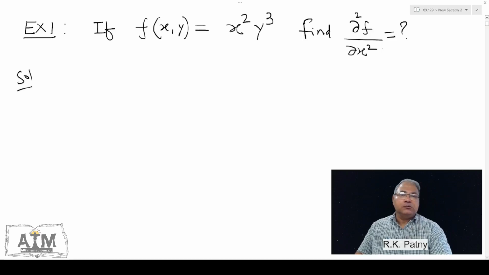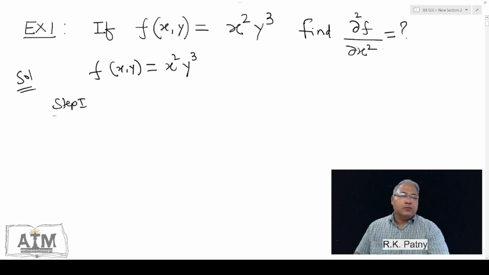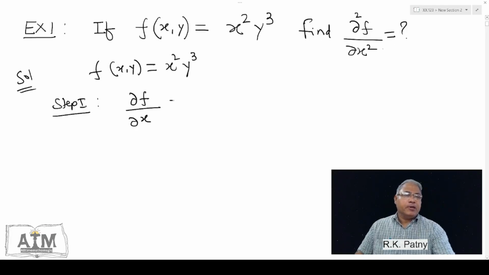Solution: we have f of xy equals x square y cube, and we need to find del 2f by del x2. So step 1, first we'll find del f by del x. It is also called dou f by dou x, one and the same, that is, differentiating partially with respect to x.